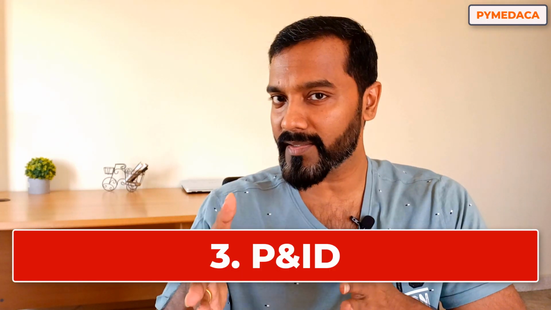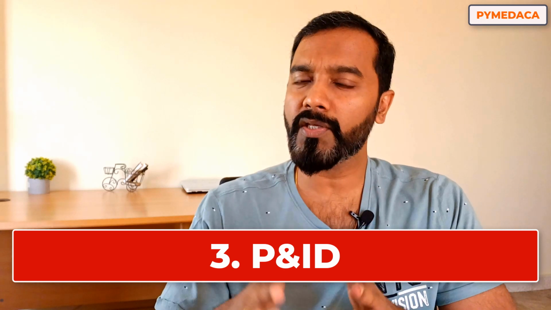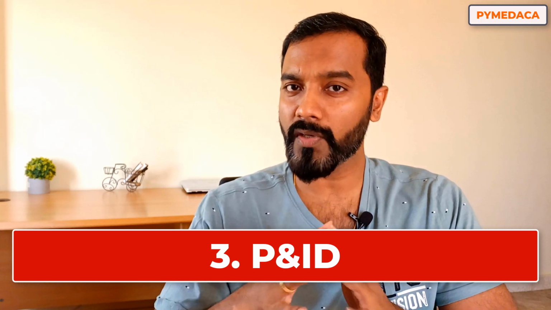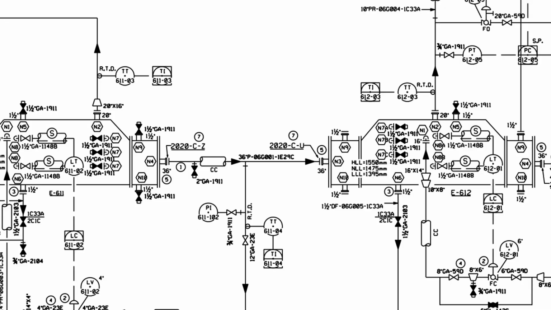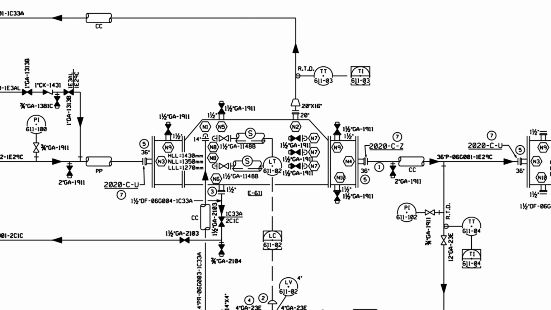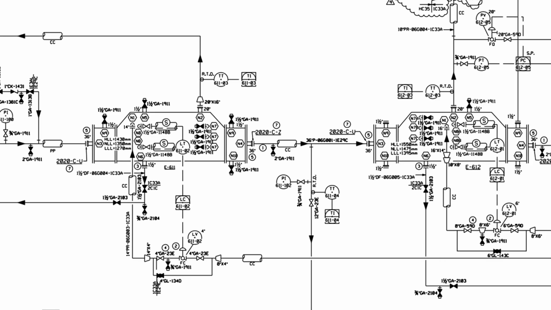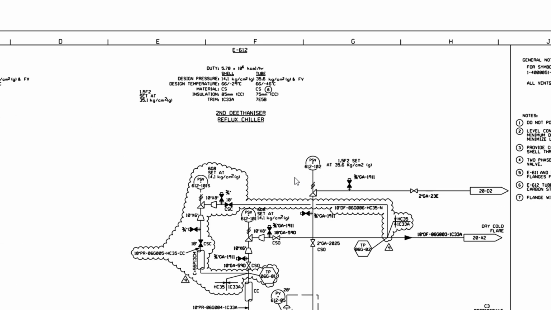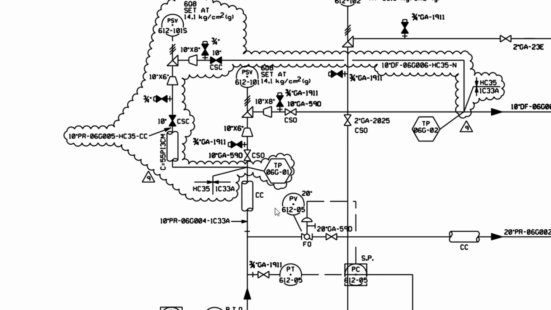The third category is the P&ID. In the P&ID, you will be able to find all inputs. All inputs in the sense, you will be able to find the equipment, line size, and whether it is insulated or non-insulated, traced or non-traced. What is the line size, whether it is sloped or not, where it is connecting, whether you have the drain, vent, isolation valve, control valves, and every detail will be available with respect to a particular line.